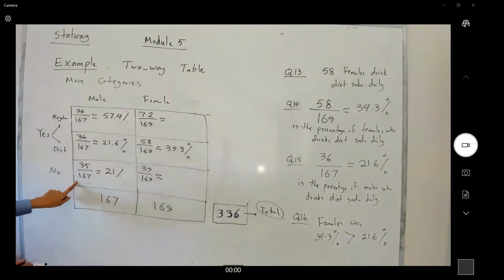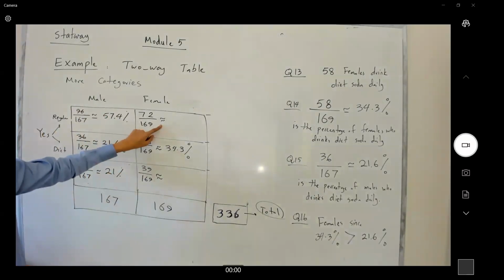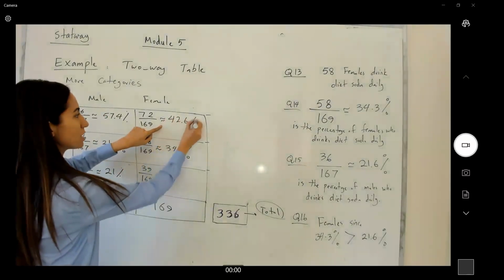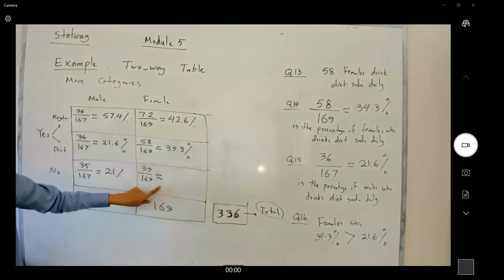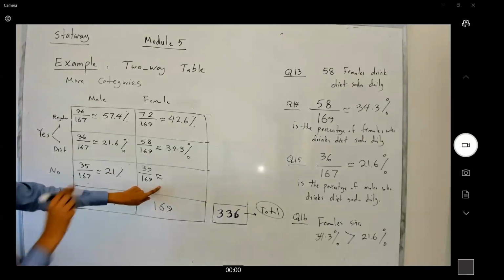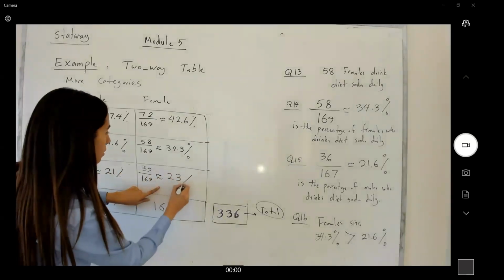Then 72 divided by 169 gives you 42.6%. And 39 divided by 169 is approximately 20%, okay, perfect, approximately 20%.